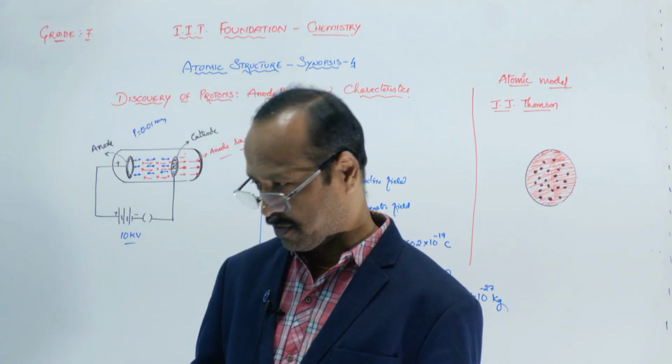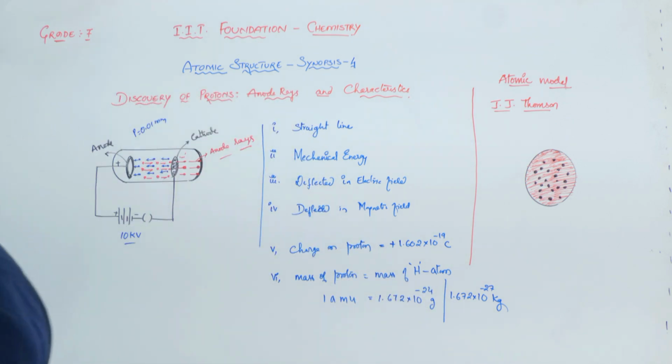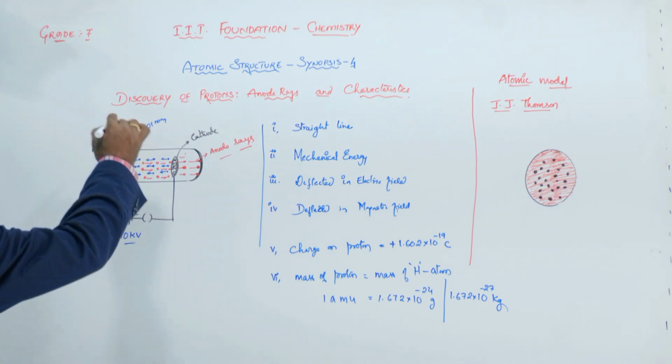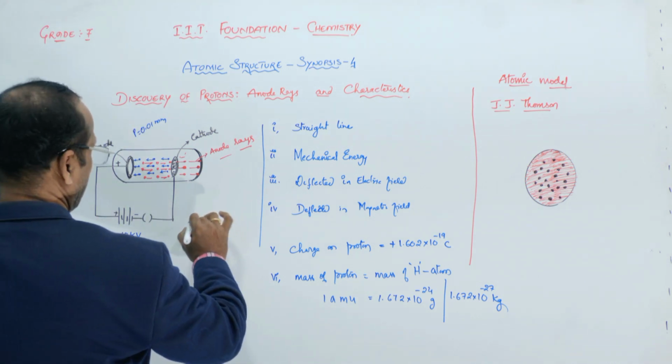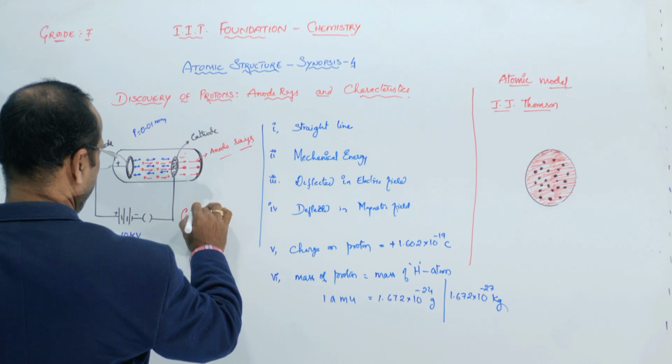Anode rays were discovered by whom? See on the board. Did I write it? I mentioned the name, but I didn't write the name of the scientist, I think. That is Goldstein. I forgot the actual name.